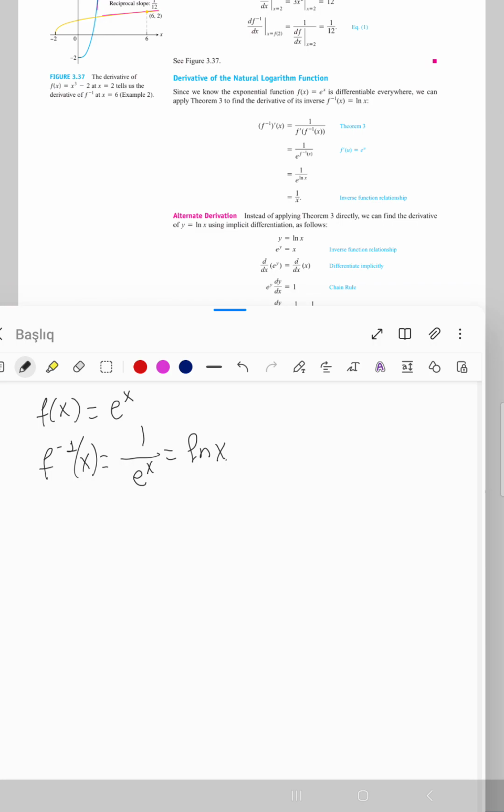Actually it's not that correct to write it in this way, but remember that the inverse of e to the power of x is ln x.